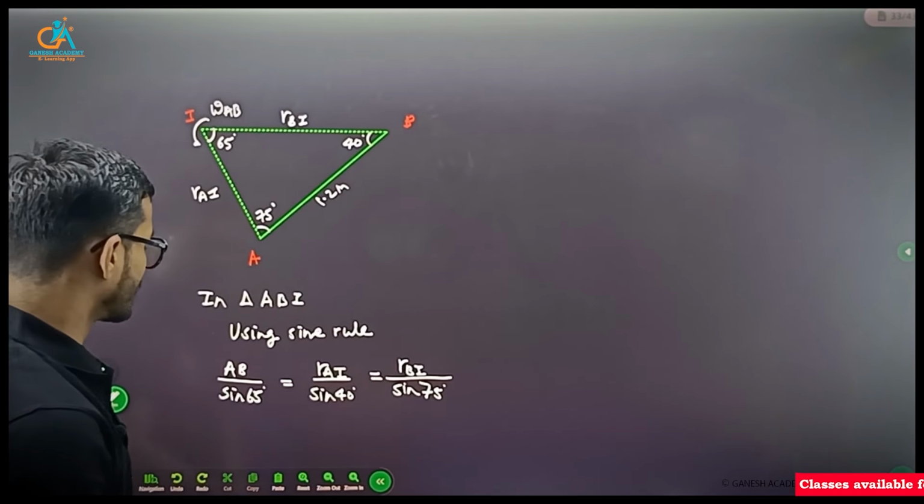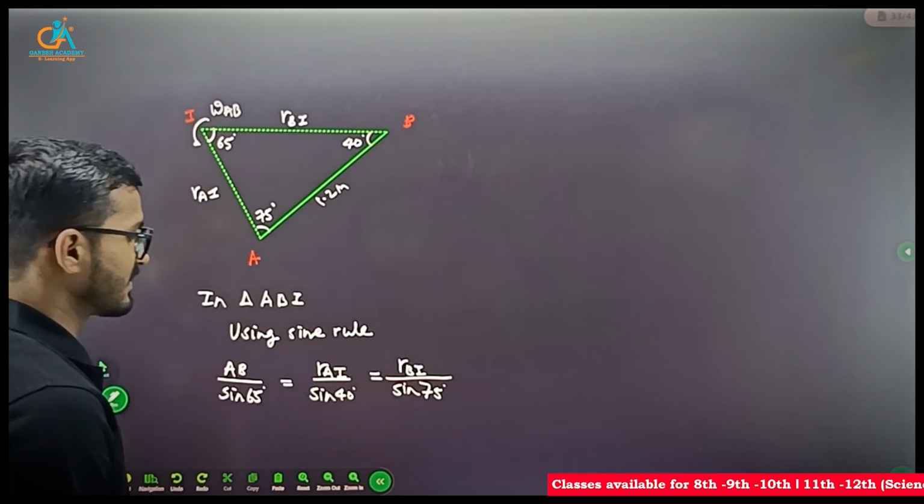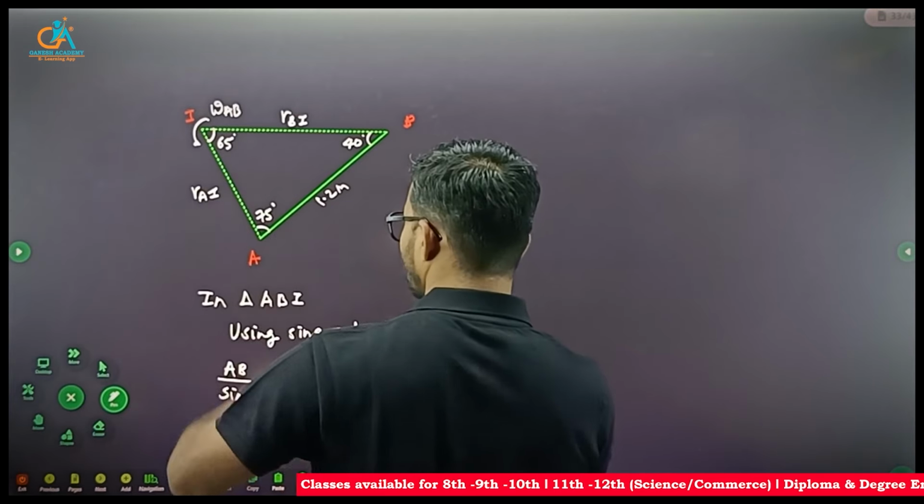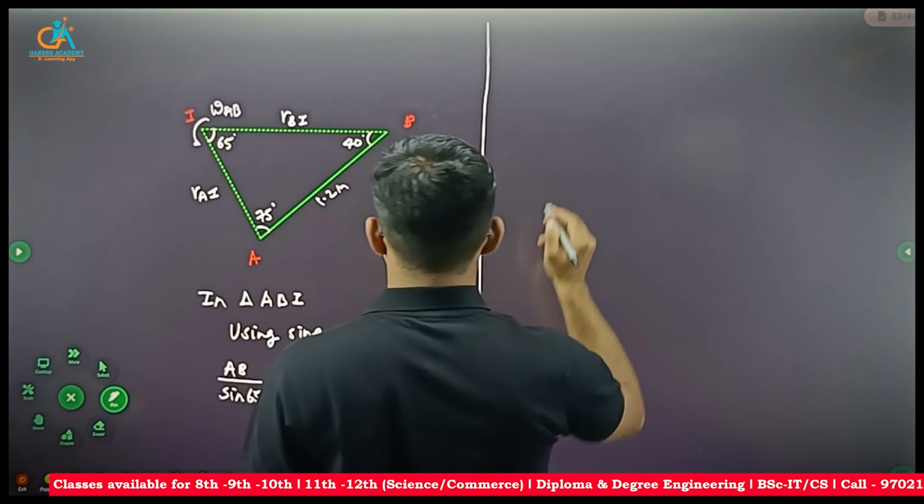So we can find the values of RAI and RBI, knowing that AB is 1.2.